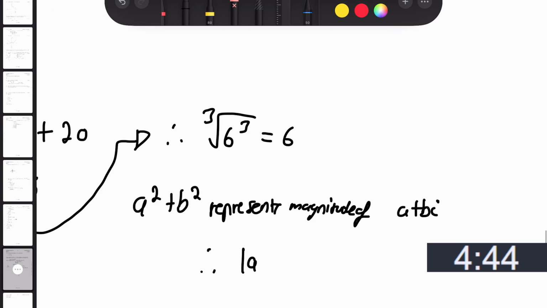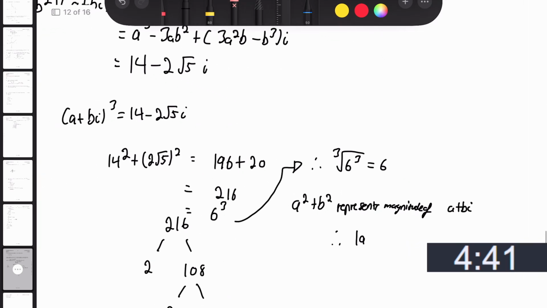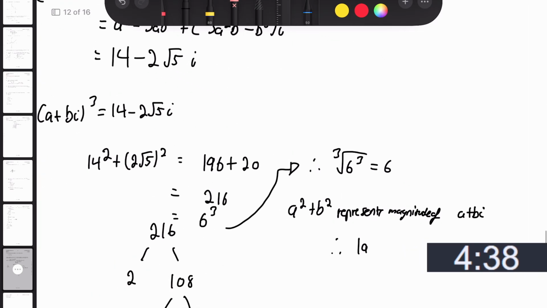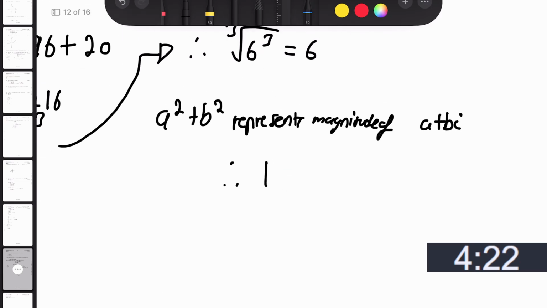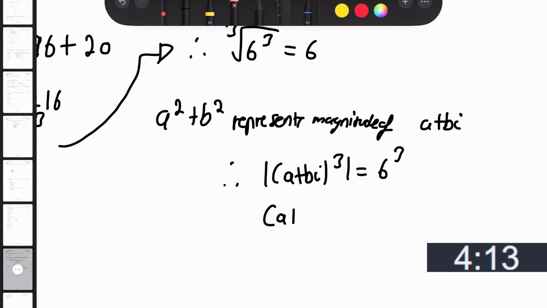Therefore, the magnitude of... what if I do like this? Power of 3 is equal to 6 to the power of 3. Then a plus bi, just the magnitude of that, is going to be equal to 6.